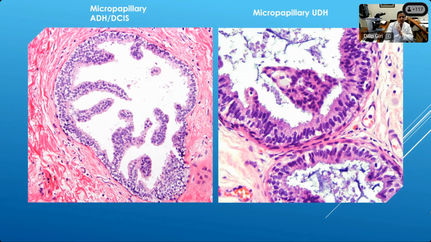If you see maturation of cells, some cells towards the luminal aspect becoming darker and flatter than the ones at the basal portions of the ductal epithelium, that is an indicator that perhaps we are dealing with a benign intraductal proliferation.